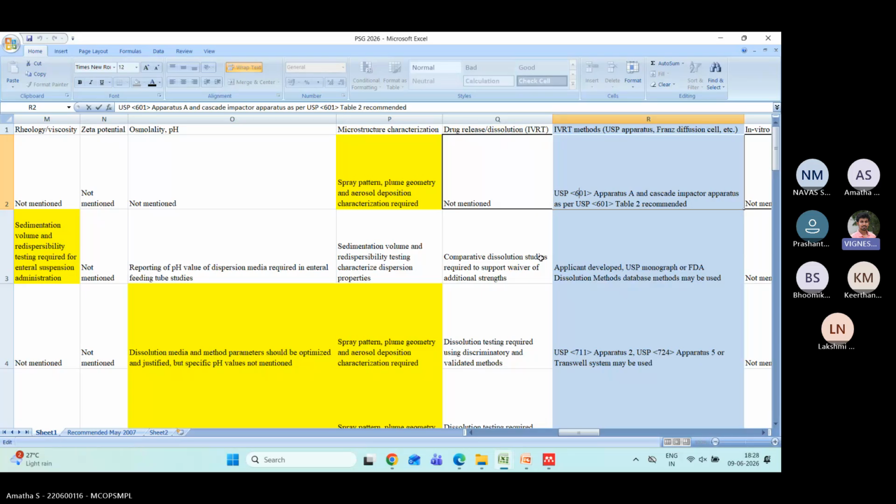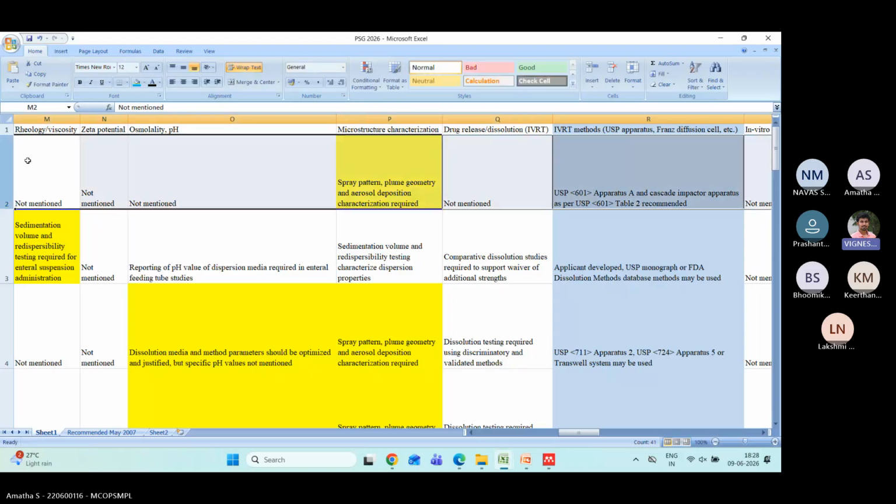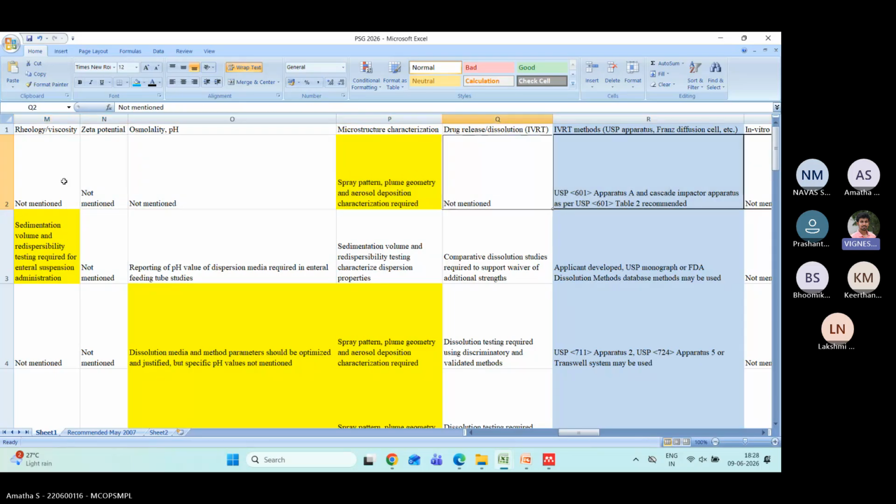Before you start reading the paper, based on your experience in the first and second screening, you can make an Excel sheet model. Then you can insert whatever is there. If you are getting extra points, you can add extra columns and make your Excel sheet as wide as possible. Once you complete your data extraction, for example, if you are looking into this paper, most of the columns are not mentioned, not mentioned, not mentioned.